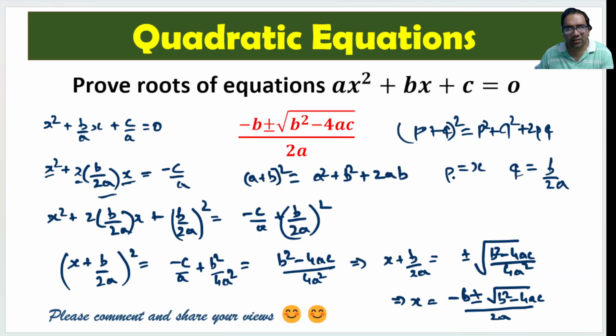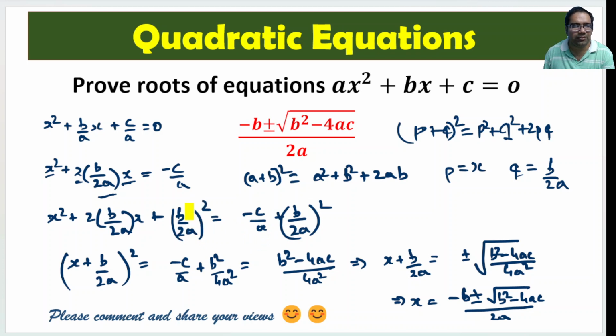So now what do we do? We want to add this q² also. Let's add q² on both sides so that the equation doesn't get spoiled. If we add it, p² + 2pq + q² = -c/a + (b/2a)².